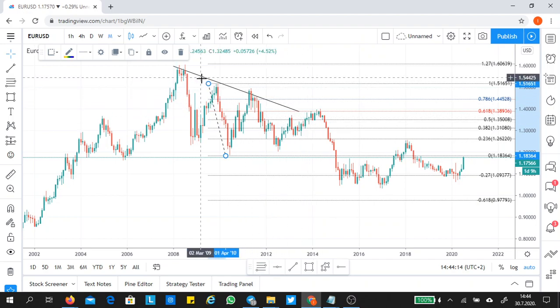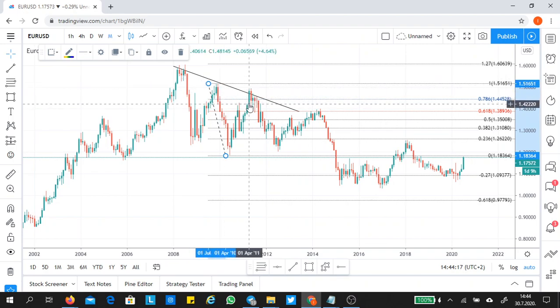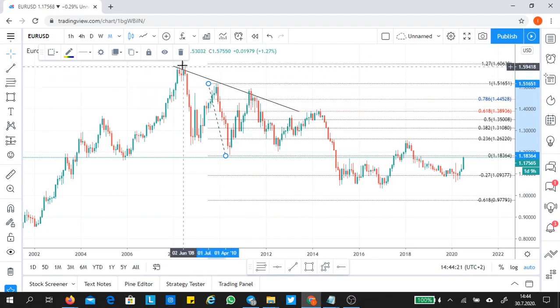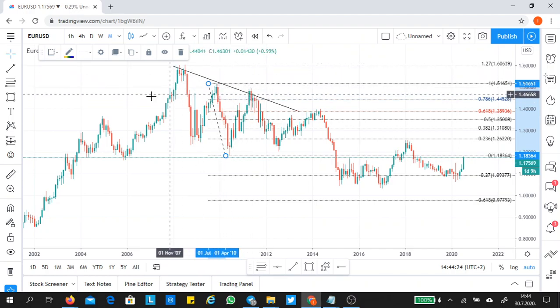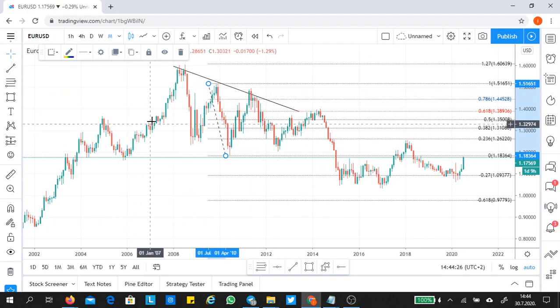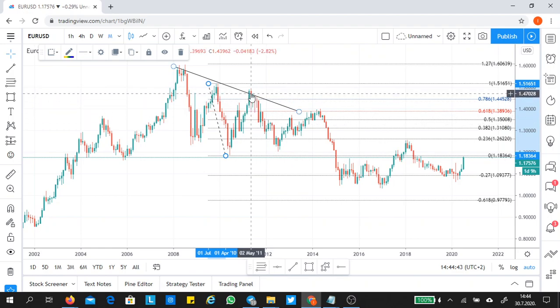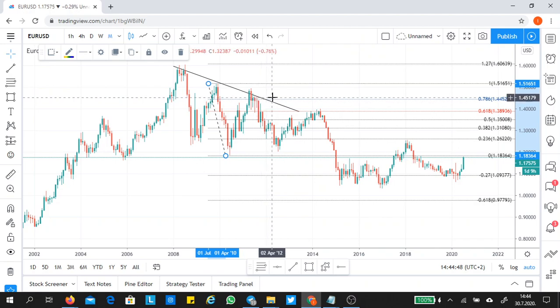However, if we haven't seen a clear break on the trend line, so break and retest like we saw here in the previous big move, it's a little bit tricky. We could go long and risk something, lose a little bit, so that's all part of the game, or we could just wait because the picture is not clear.